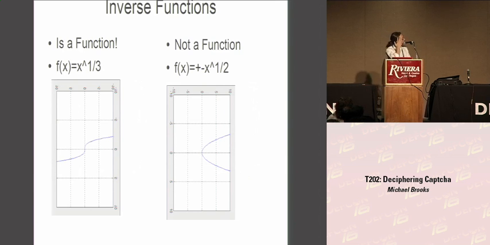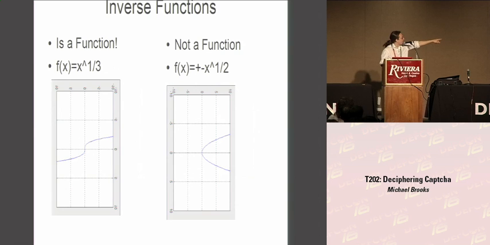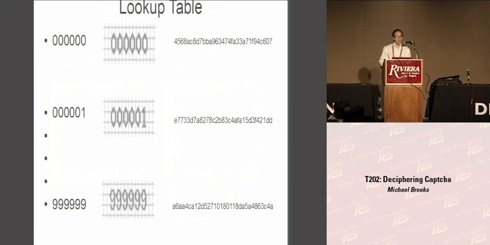Now, if you invert a non-one-to-one function, it no longer becomes a function: for one value of x, there are now two values of y. So RainbowCrack is able to break specifically this CAPTCHA because of its one-to-one nature.